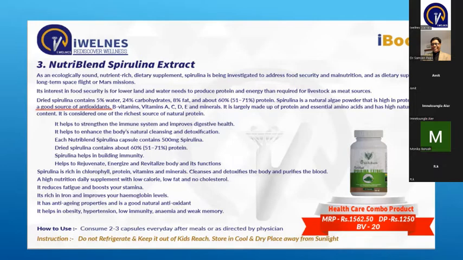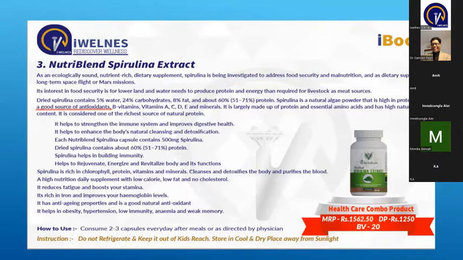Last time I explained to you about beta carotene. If you take 2 capsules of spirulina, it is equivalent to 1 kg of vegetables and fruits mixed together, whether cucumber, carrot, beetroot, or fruits like apple, whatever it may be.